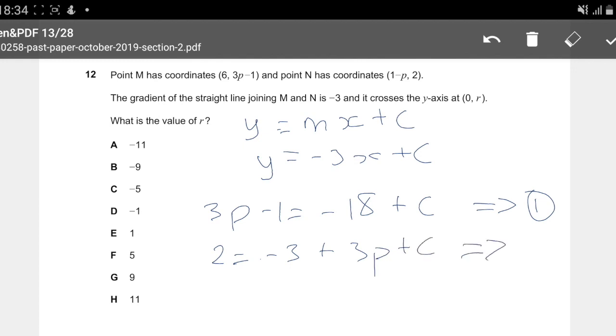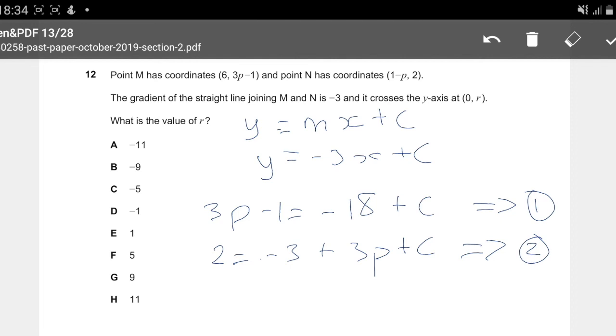That refers to equation number 2. And as you can see again, the y bit is the 2. The mx part is minus 3 plus 3p, and the c is pretty evident.